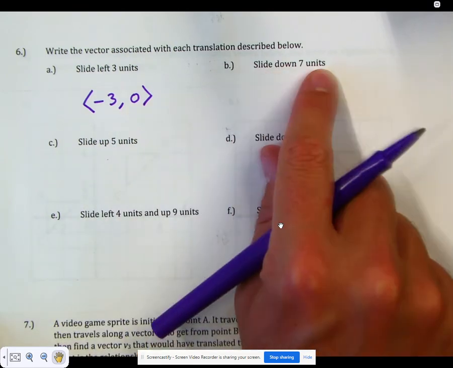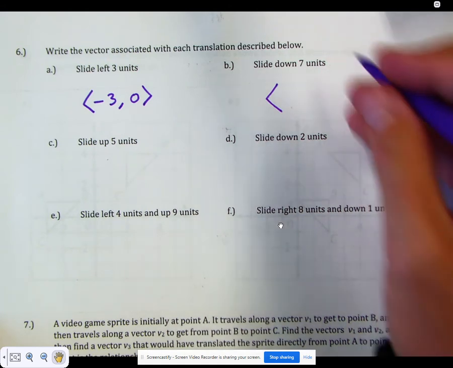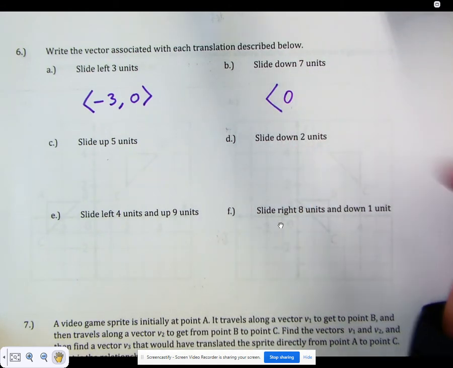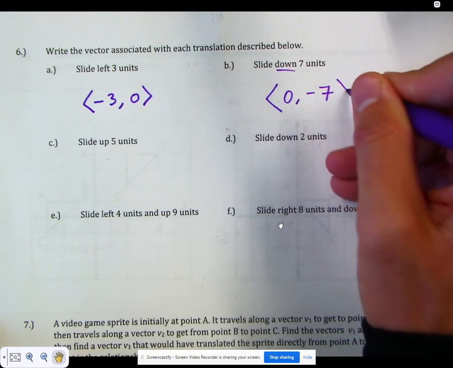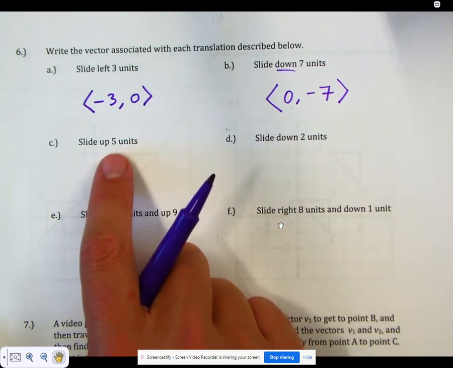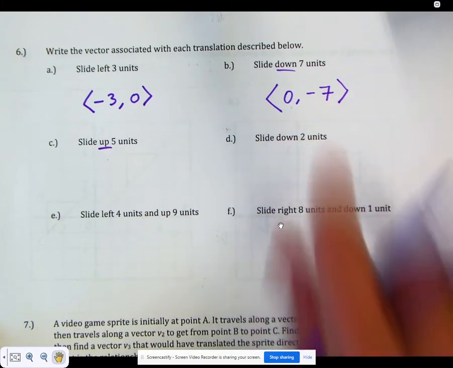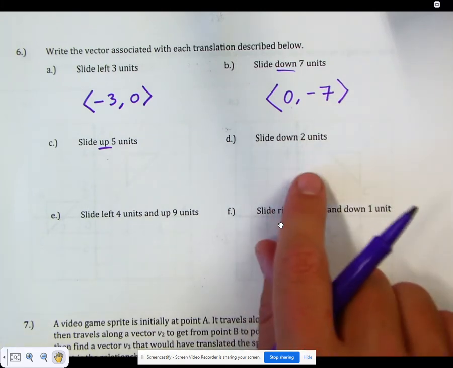How about sliding down 7 units? Well, to go straight down, you don't need any change in the x direction. So no change in the x direction, and then down means you want to go negative 7 in the y direction. So then try to figure out the rest of these. What does it mean to slide up? So up is going to be a y value change. We're going to be adding 5 to the y value.